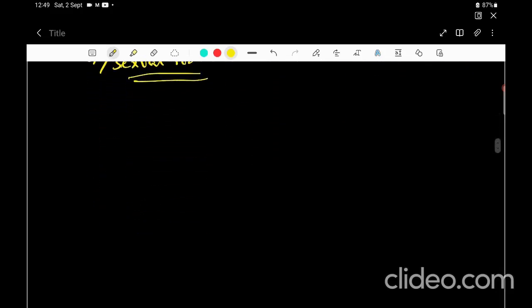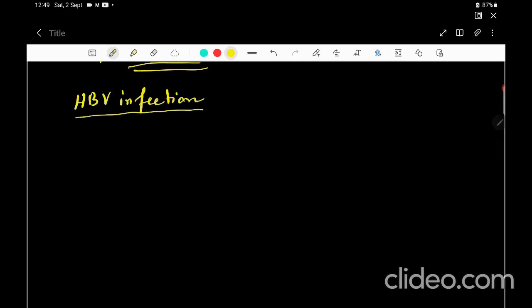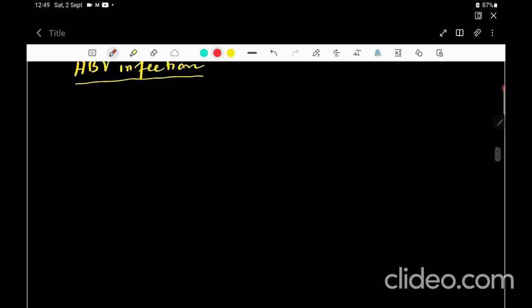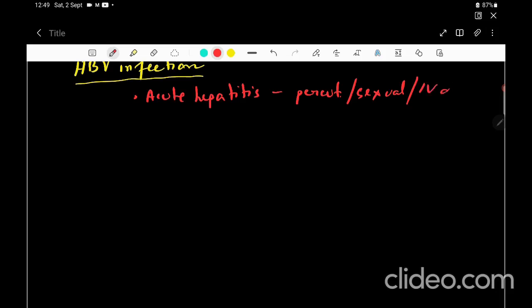Now let's talk about hepatitis B infection. In hepatitis B infection, what you can primarily find is acute hepatitis, that is caused by percutaneous exposure, or the sexual route, or IV drug abuse.